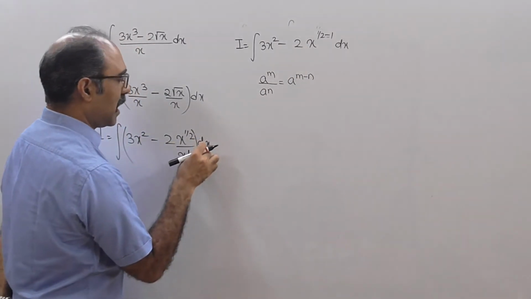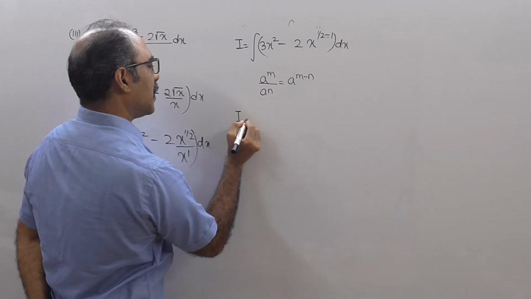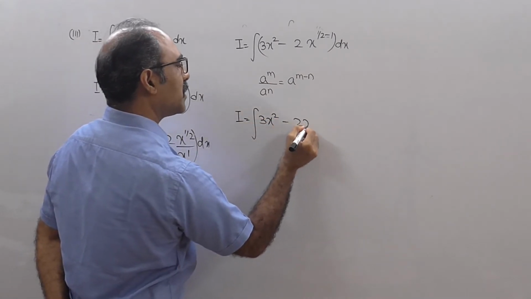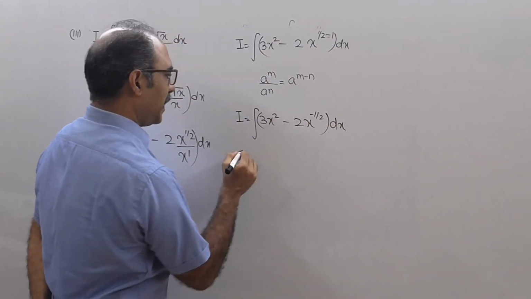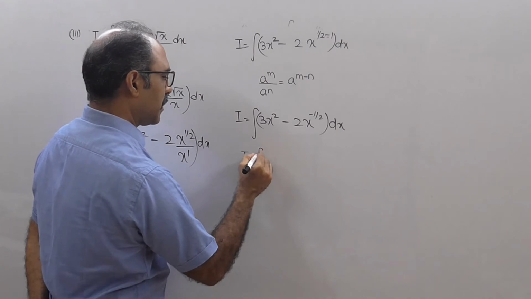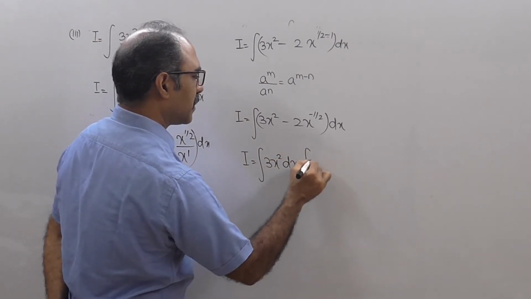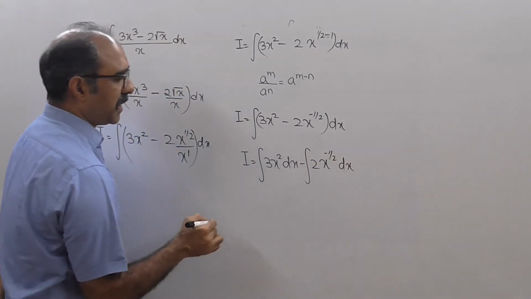That's why I get half minus 1. Put a bracket here. So I equal to integration 3x square minus 2, where half minus 1 is minus half, dx. This will become 3x square dx minus 2x raised to minus half dx.